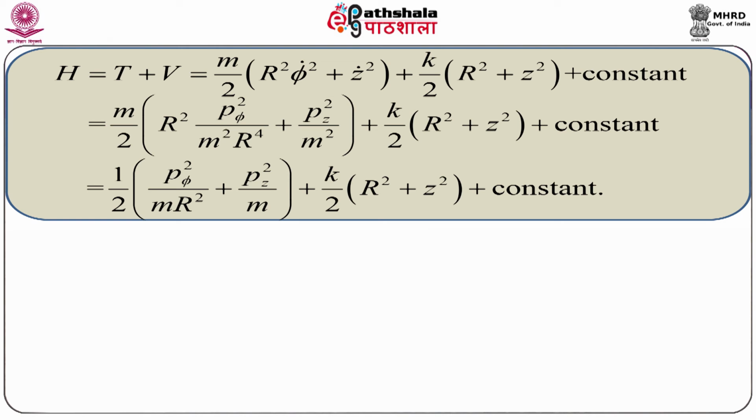Therefore, H equal to half p phi square divided by small m into capital R square plus pz square divided by small m plus k by 2 into capital R square plus Z square plus constant.